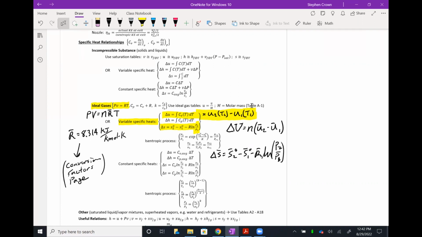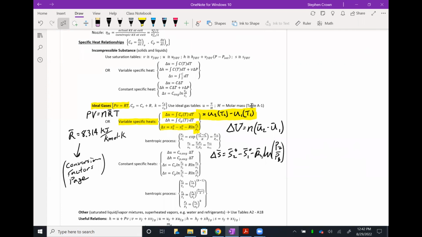We can find delta U, the specific internal energy change, from the specific internal energy at the two end states, so the change is just U2 minus U1. We can find the total change in internal energy by multiplying delta U by m, the mass, or delta U bar times n.